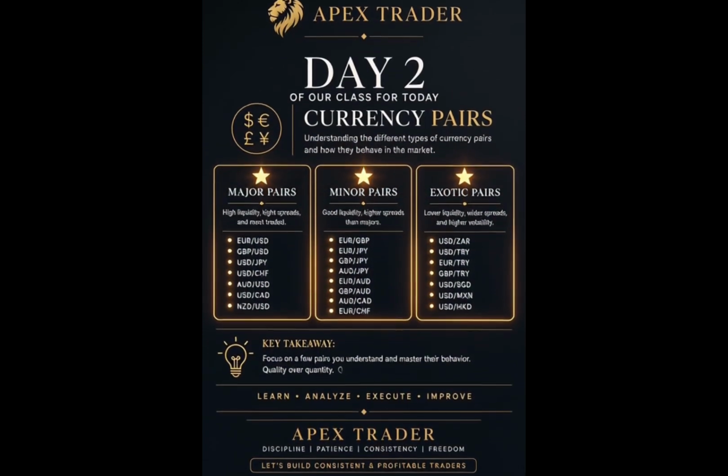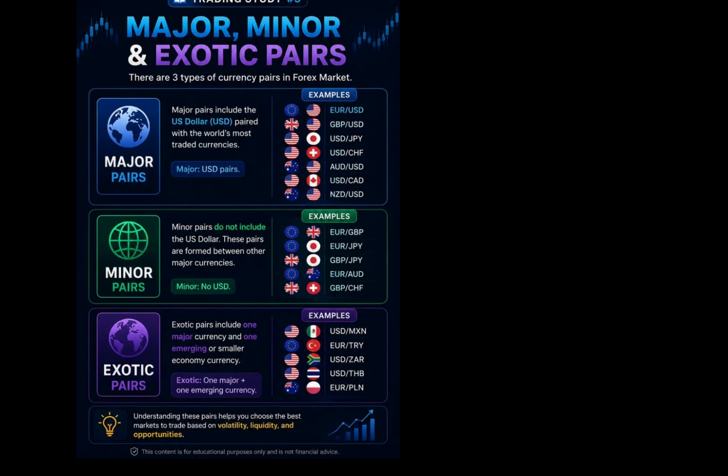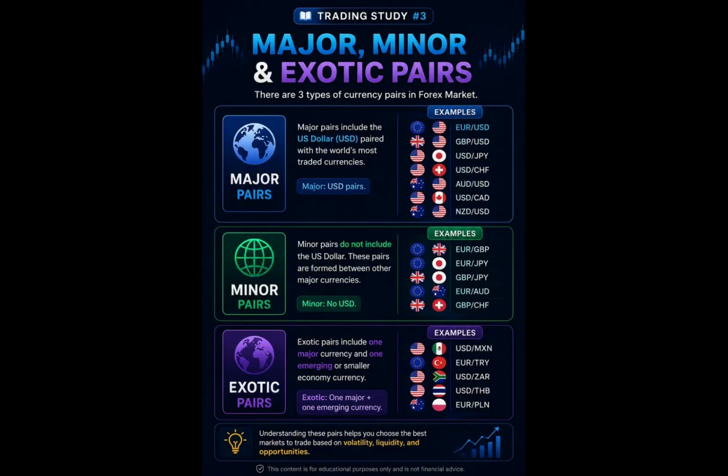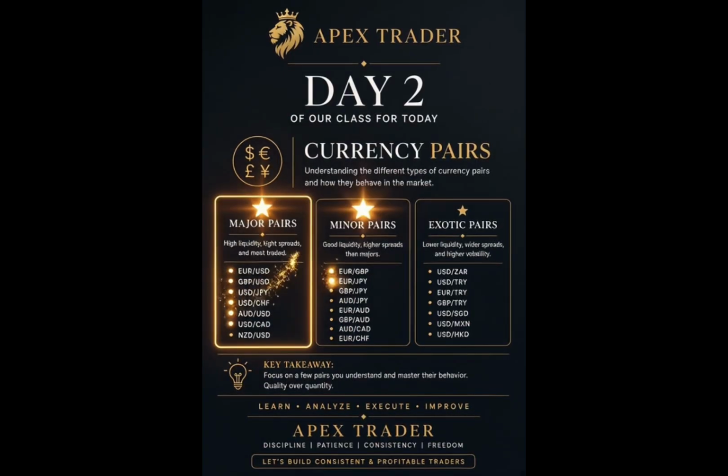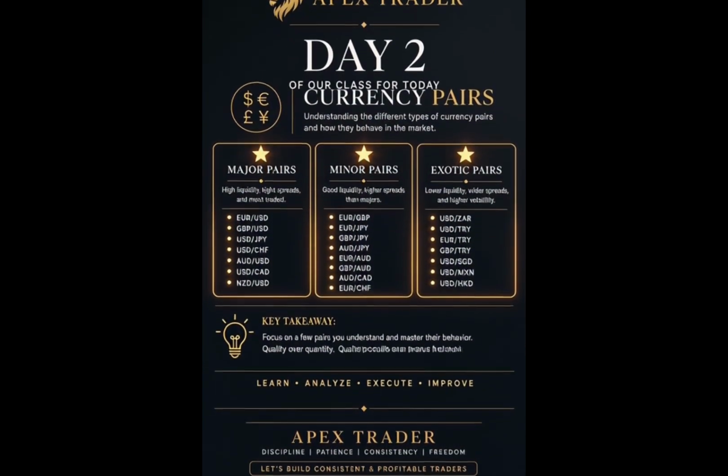I want you to try something yourself. Look at these five pairs that I'm going to mention right now: Euro/USD, GBP/USD, USD/JPY, Euro/GBP and GBP/JPY. Try to identify the base currency and the quote currency in each one. Don't worry if you make a mistake. That's how we are going to learn.